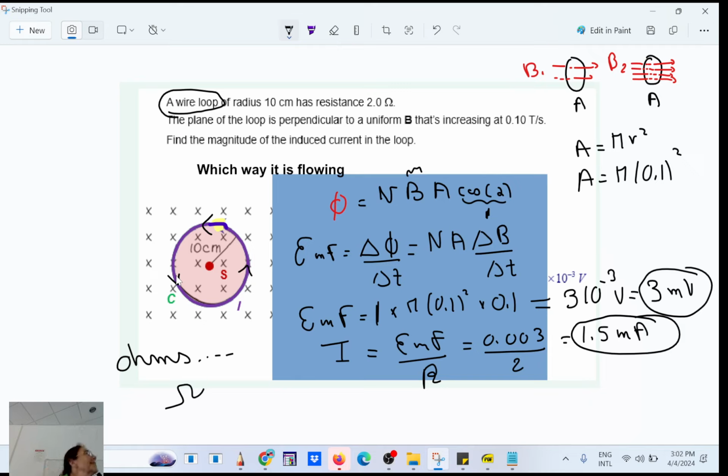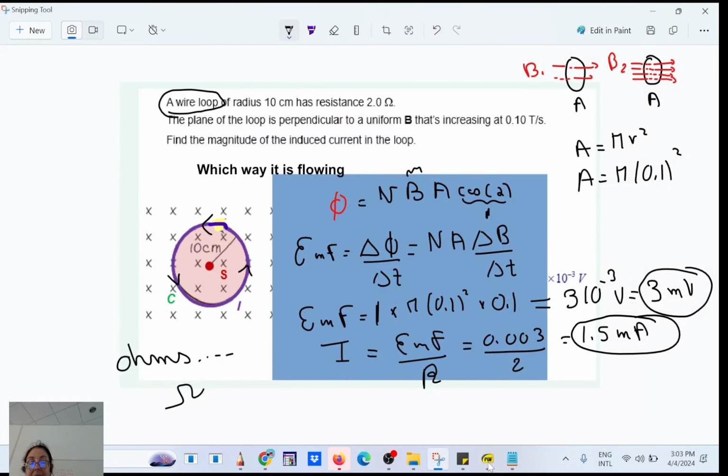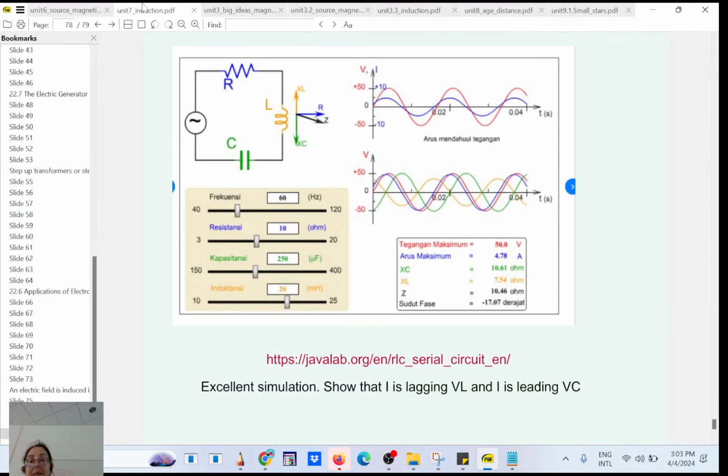Isn't that interesting? One of the golden rules is conservation of energy. You cannot have energy for nothing. You have to do work to produce electrical energy, so you go from mechanical energy to electrical energy.